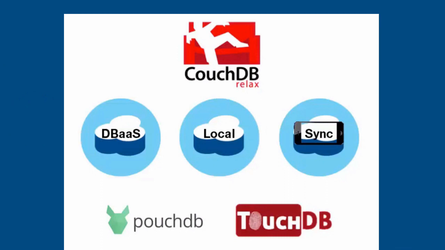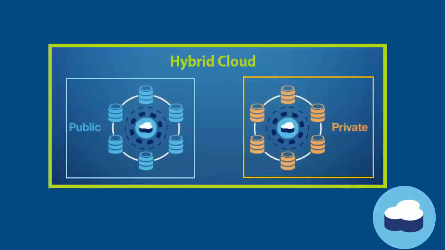Then we can create applications for cloud and local or private cloud in private data centers. Then we can perform replication across mobile devices using Cloudant Sync. Then we can replicate with PouchDB and TouchDB. So let us learn about each one by one.